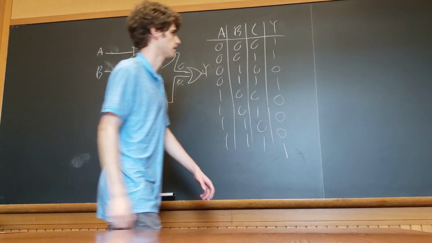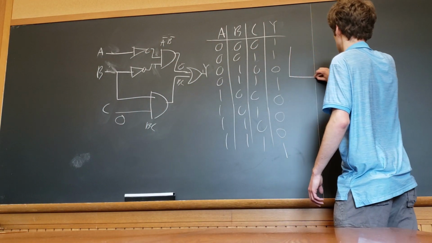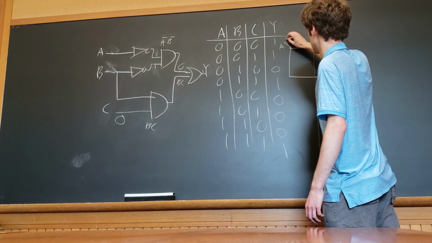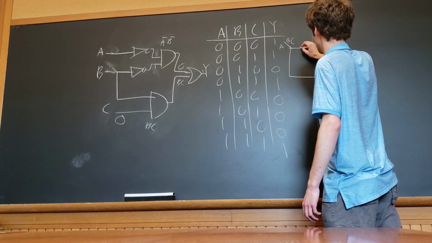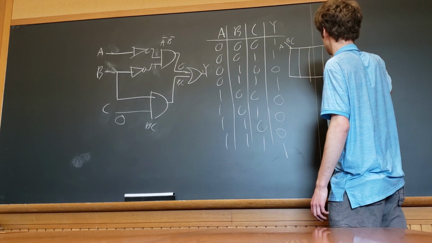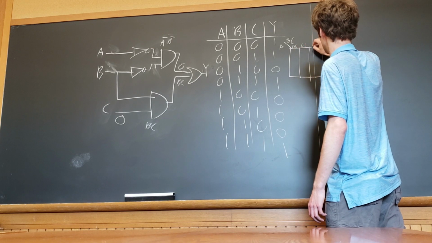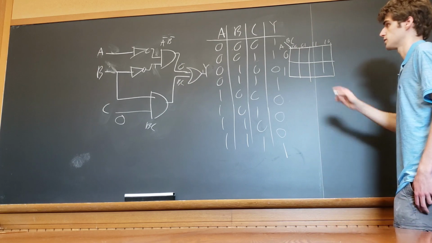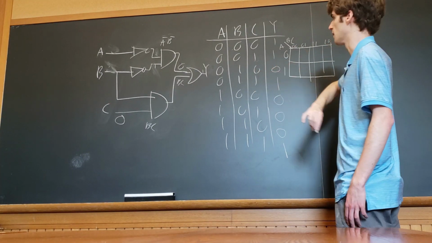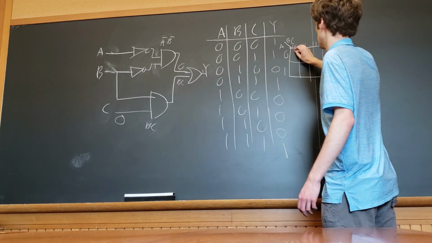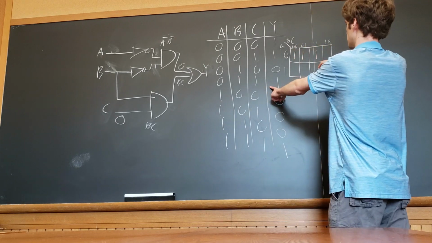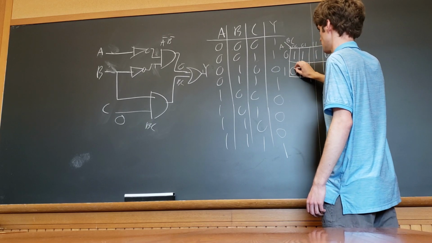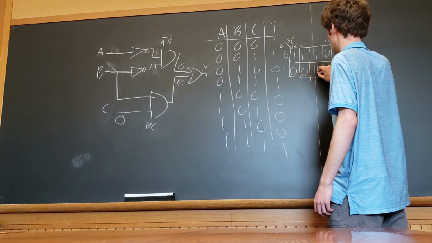So let me make this Kmap over here. We're going to have A, B, C. Then, translating from the truth table to the Kmap, which we did in problem 1, this is going to be 1, this is going to be 1, this is going to be 1, this is going to be 0, this is going to be 0, 0, 1, and 0.